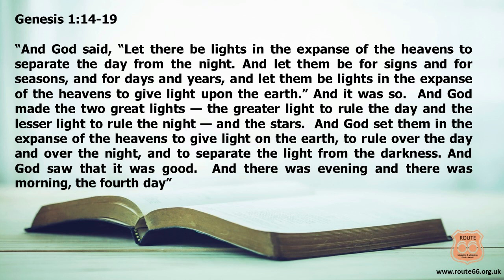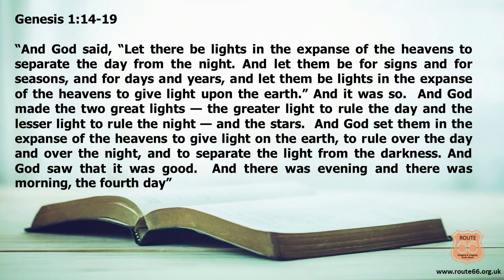And God said, "Let there be lights in the expanse of the heavens to separate the day from the night. And let them be for signs and for seasons, and for days and years. And let them be lights in the expanse of the heavens to give light upon the earth." And it was so. And God made the two great lights, the greater light to rule the day, and the lesser light to rule the night, and the stars.